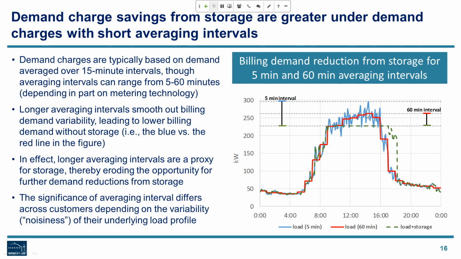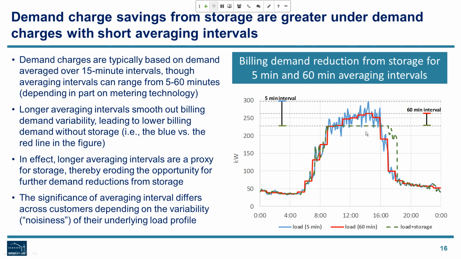Again, this is because some of that smoothing results in fewer peaks, and therefore storage is only able to reduce the demand charge by this much. Whereas with the 5-minute interval, it can reduce those really variable loads and these peaks, and it can more effectively manage the billing demand.